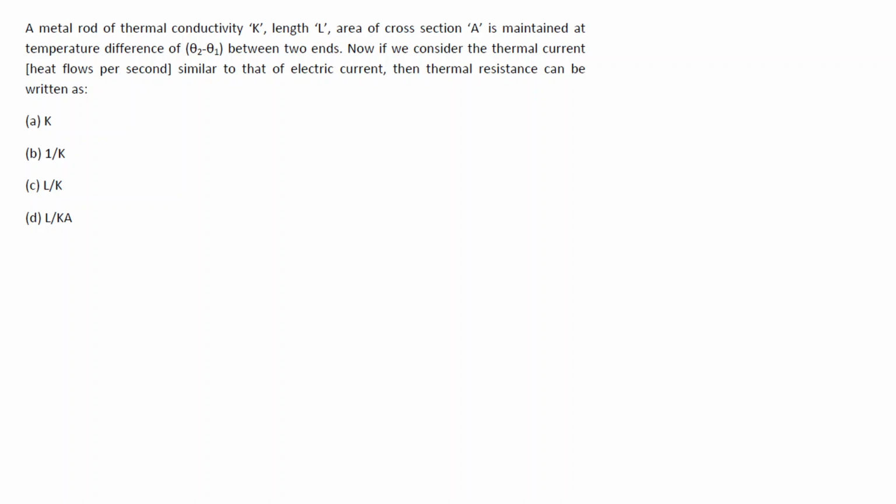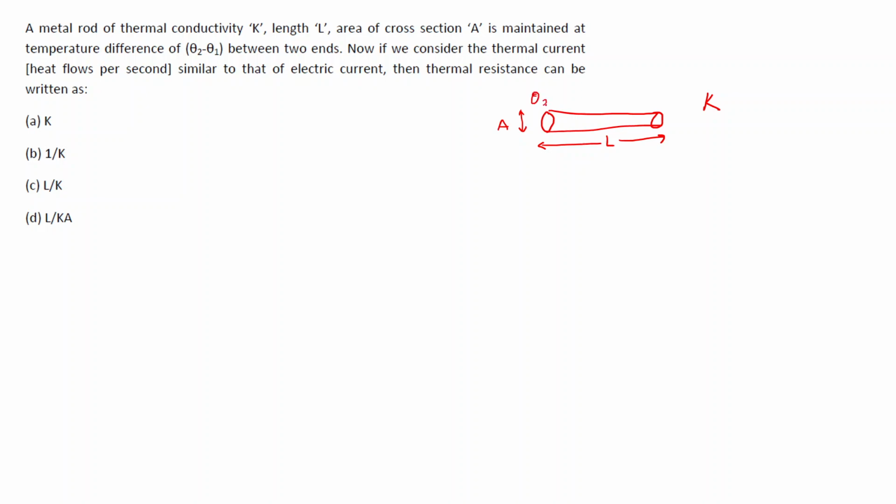Okay, so the question is, we have a metal rod of thermal conductivity K. Its length is L, area of cross section is A, and it's maintained at temperature difference theta 2 and theta 1.